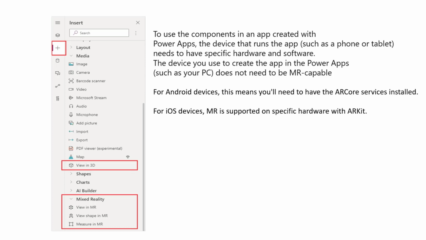This screen is from PowerApps Studio, and on the left side, circled in red, you see that it's added view in 3D, view in MR, view shape in MR. So these are some new features that are added to the already existing Power Apps.